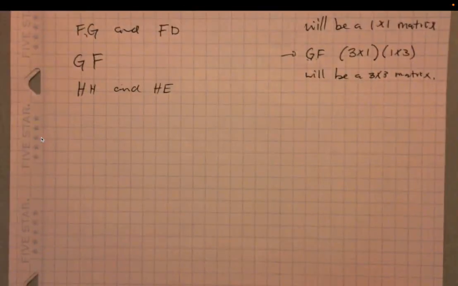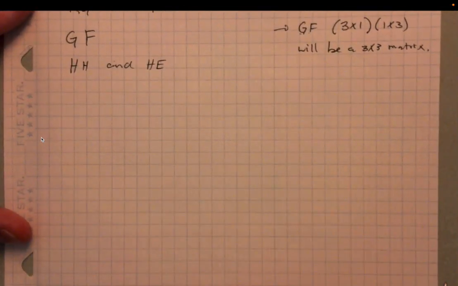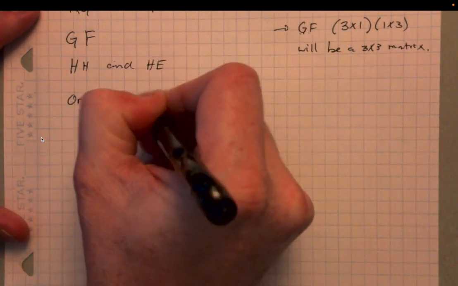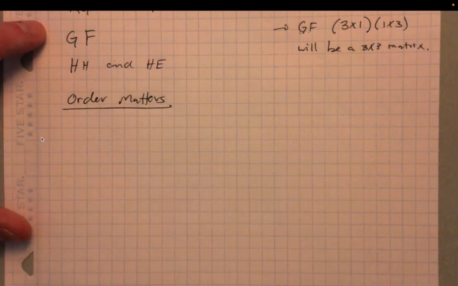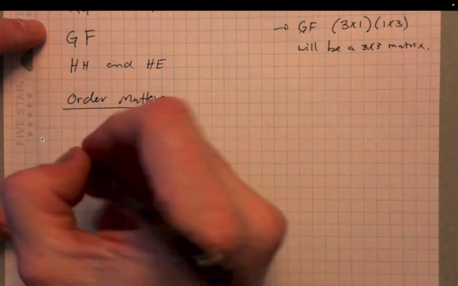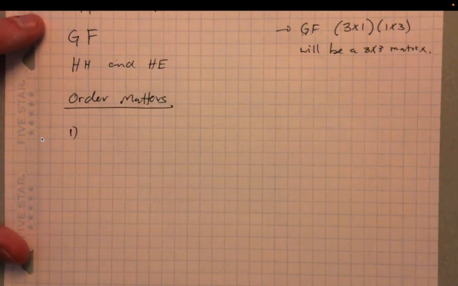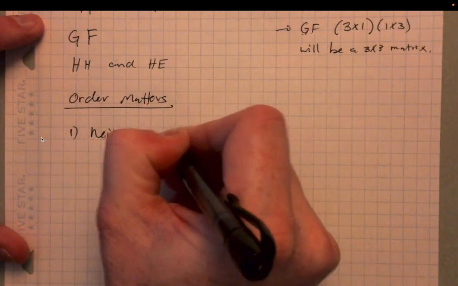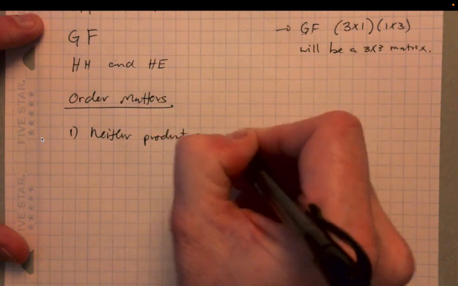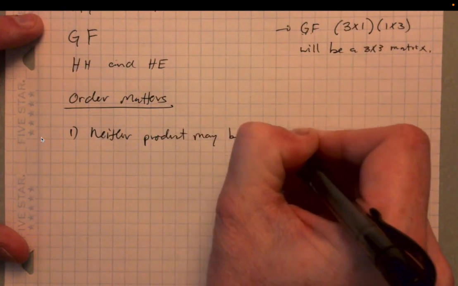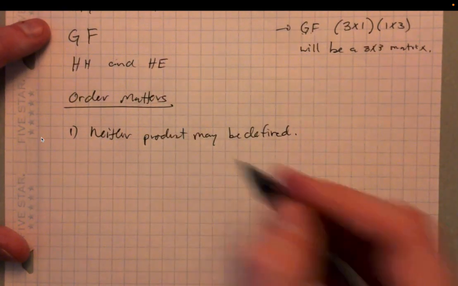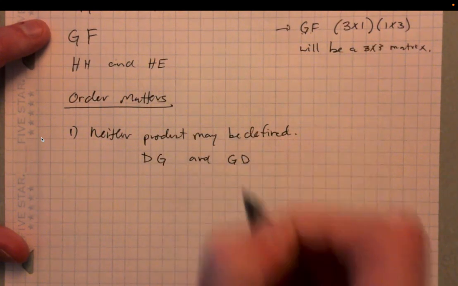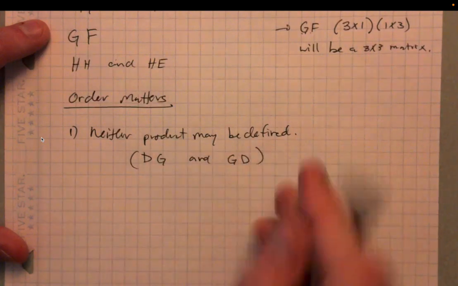Okay, let's talk about what can happen here with the order. So order matters. Okay. First thing that can happen is neither product may be defined. Right, so an example of that is DG and GD, for example.